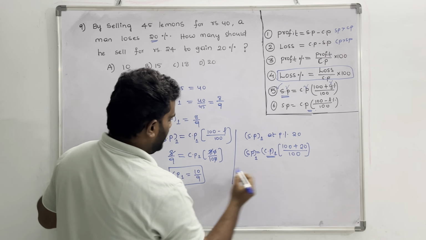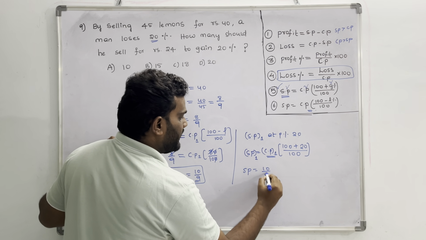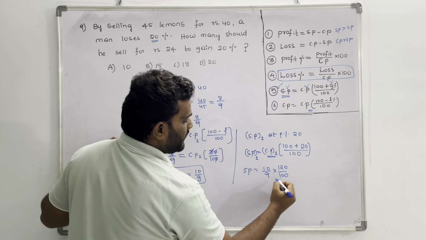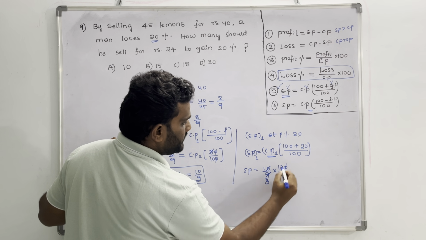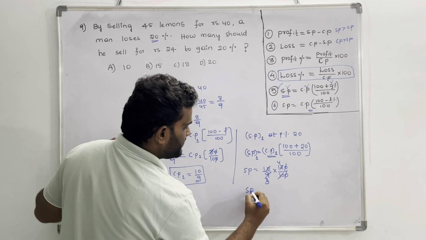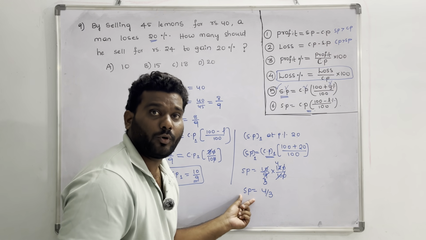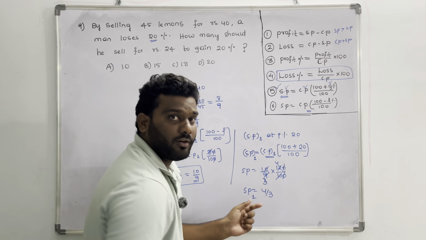What is the cost price of 1 lemon? 10 by 9. Selling price is equal to 10 by 9 into 120 by 100. If you calculate this, 10 10 cancel, 3 4s are 12, so selling price is equal to 4 by 3. So this is the selling price of only one lemon at a 20% profit. This is only for one lemon.